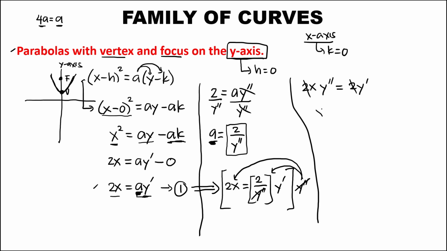So this becomes x times y double prime equals y prime. Then equate to 0, transposing to the other side, so we have x y double prime minus y prime equals 0. So this is now the differential equation.